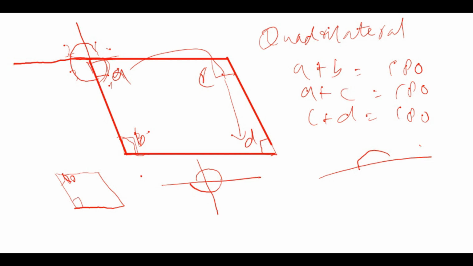For example, if it is 80, then the other would always be 100. Why? Because if this angle is being changed, it is directly impacting the other angle as well.